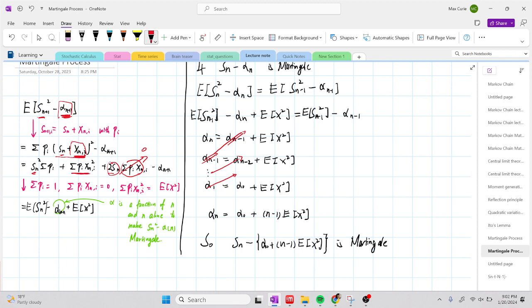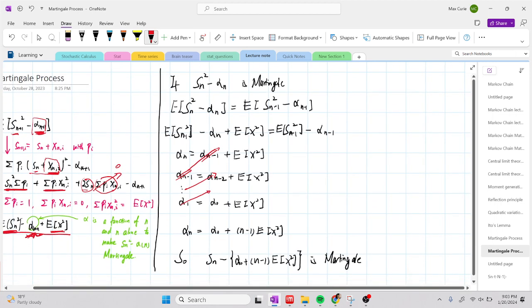Then we are left with two terms. This one is pretty much the expectation value of x squared, and this is essentially just the expectation value of Sn. So we're left with three terms: Sn squared, x squared, and alpha n plus 1.